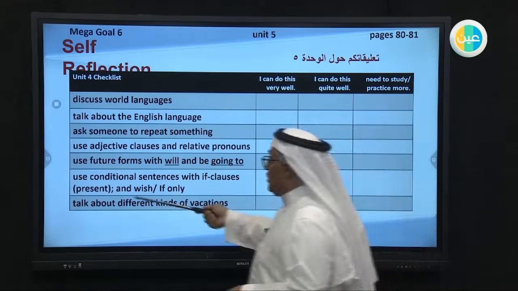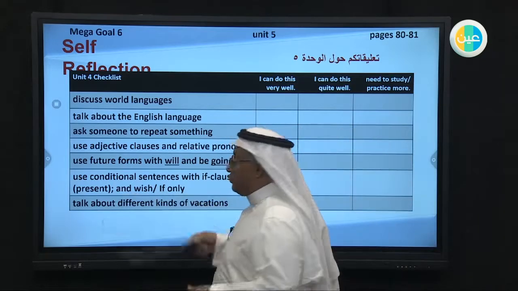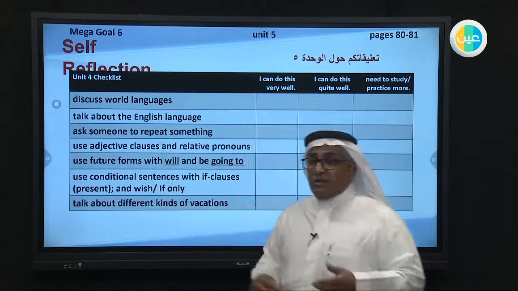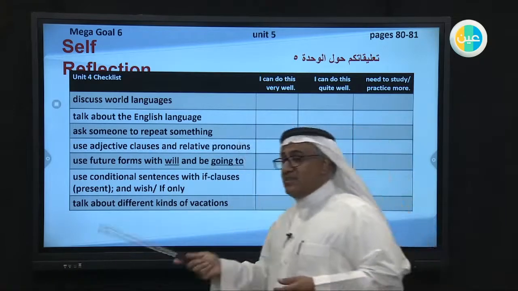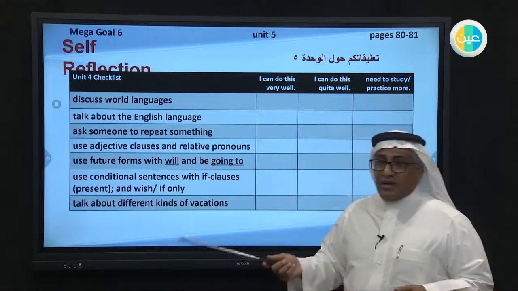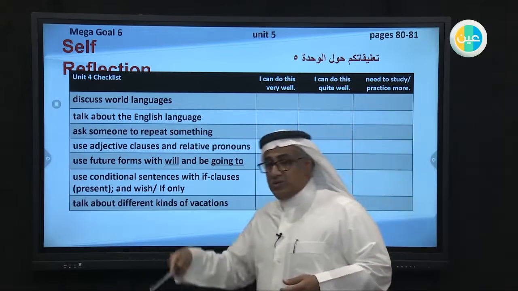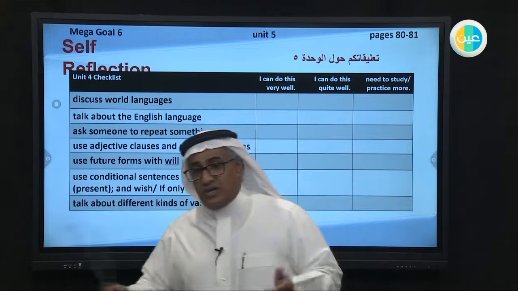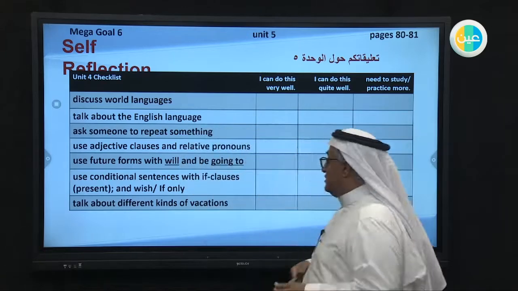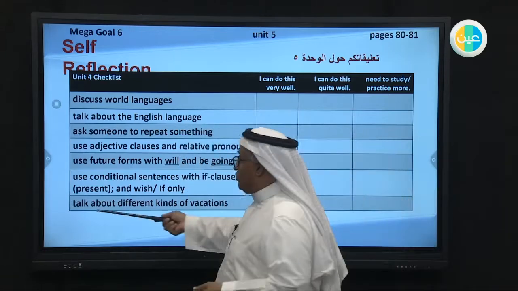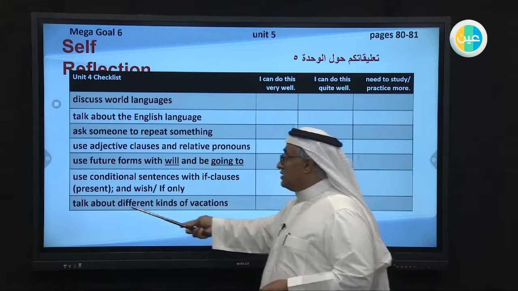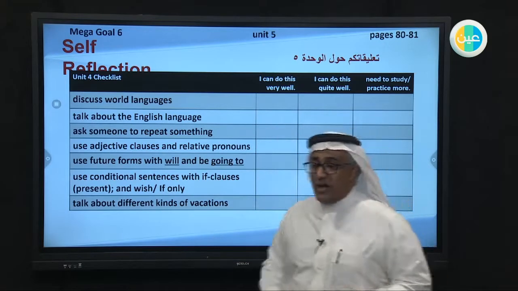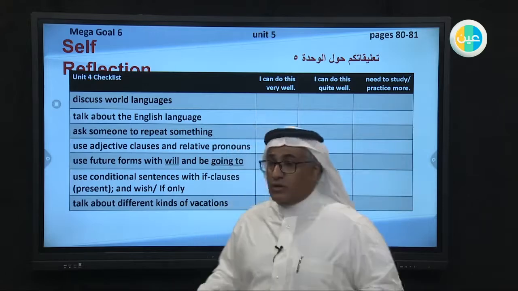And also we talked about conditional sentences, for hypothetical situations, like if I had extra money, I would travel to many countries. Also we talked about different kinds of vacations, and we learned some new words about vacations like amazing, wonderful, beautiful.